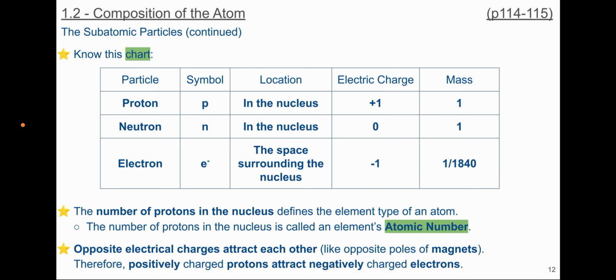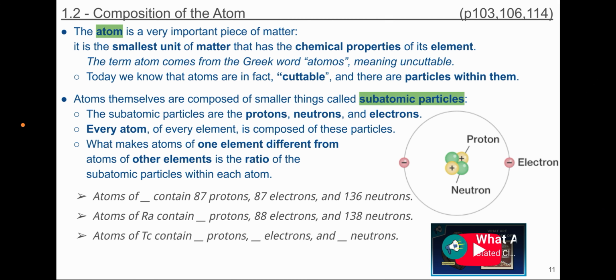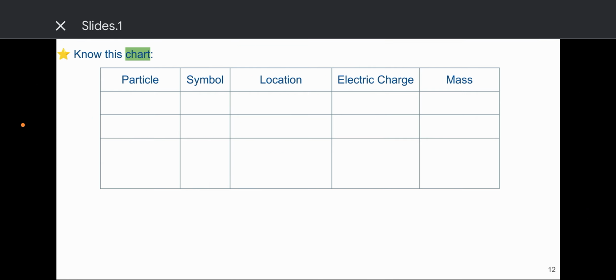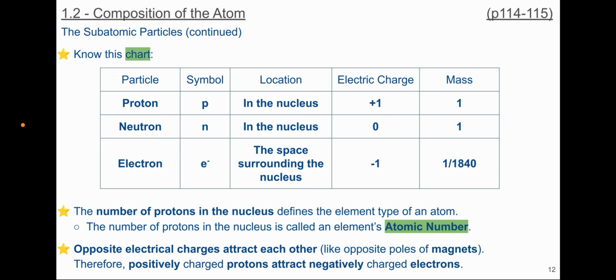So for every 1 proton in an atom, there is 1 electron attracted by it and held to the atom as well. So when we look back at these 3 questions at the bottom, notice how the number of protons and the number of electrons are always the same, because these opposites attract each other on a 1-to-1 ratio. And that is where we will leave off on this video.